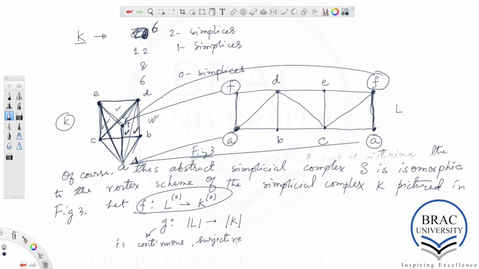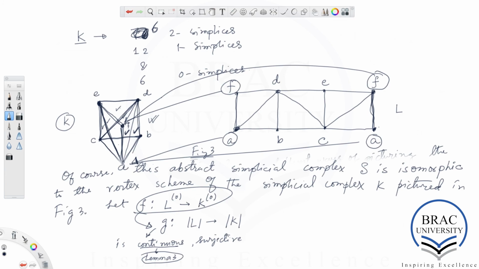So this map is extended to this continuous map when considering the underlying spaces. Okay, good.